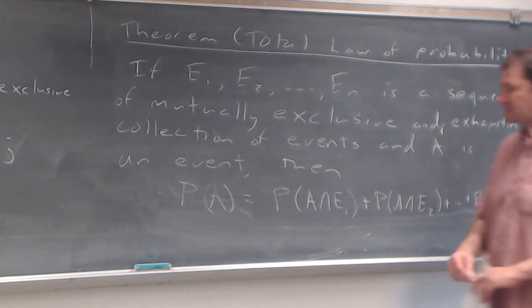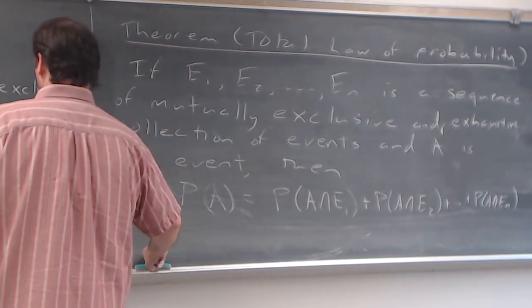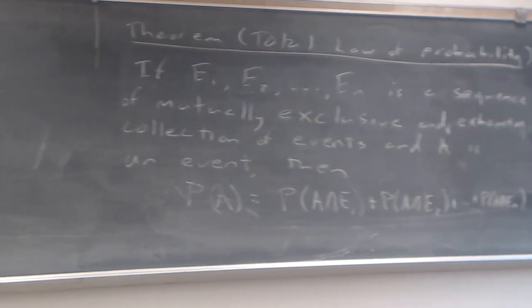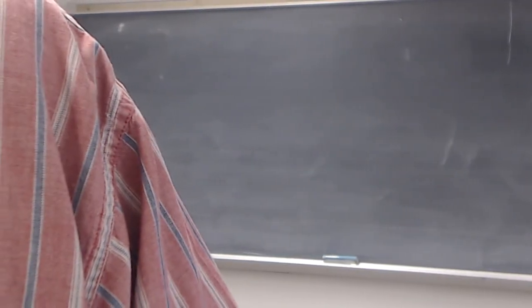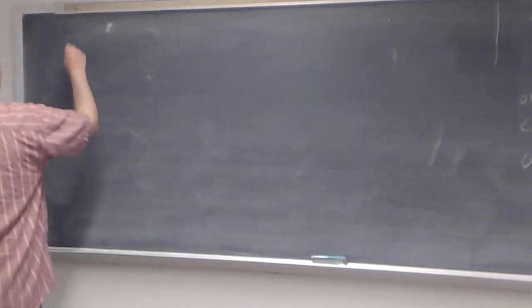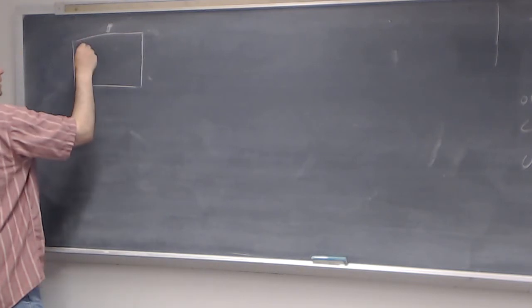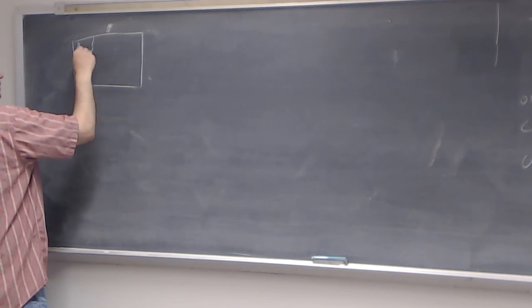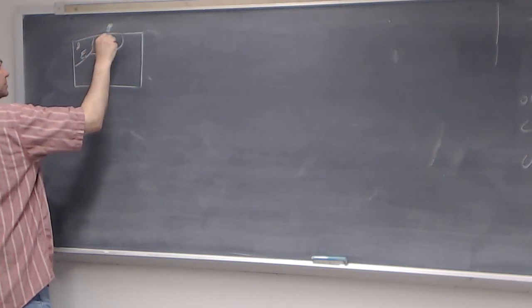This can be seen pretty easily with a Venn diagram. Here's what I mean. If this is the sample space, and maybe this is E1 here, and it doesn't have any overlap with E2. Here's E2.